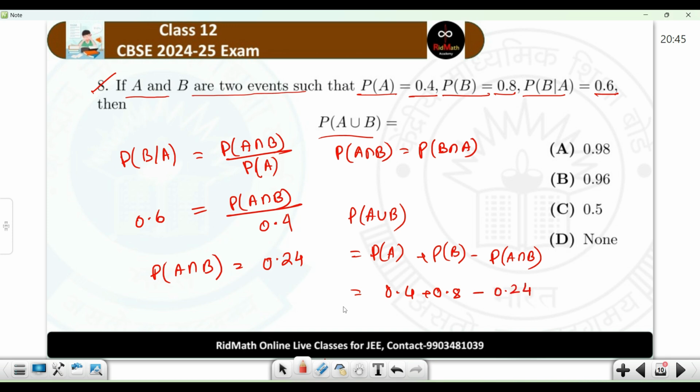Okay, that means 1.2 minus 0.24, that is 0.96. So option B is correct.